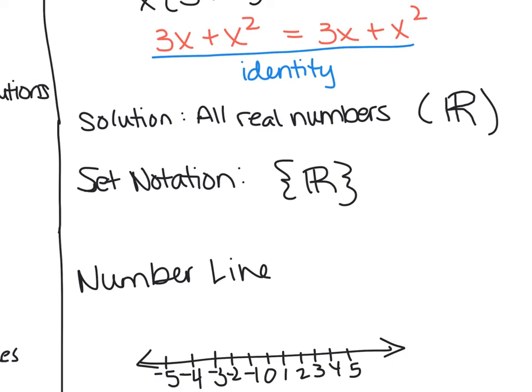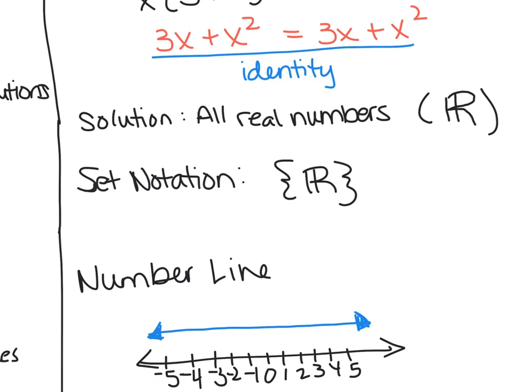I would just have to somehow symbolize that we're including every single number on the number line, because remember, our solution is all real numbers. So if I just draw a line extending in both directions, I know that that includes all real numbers because my line shows all of the positives and all of the negatives. There's no numbers that are excluded. The line goes on and on forever. So that's how you would do all real numbers.